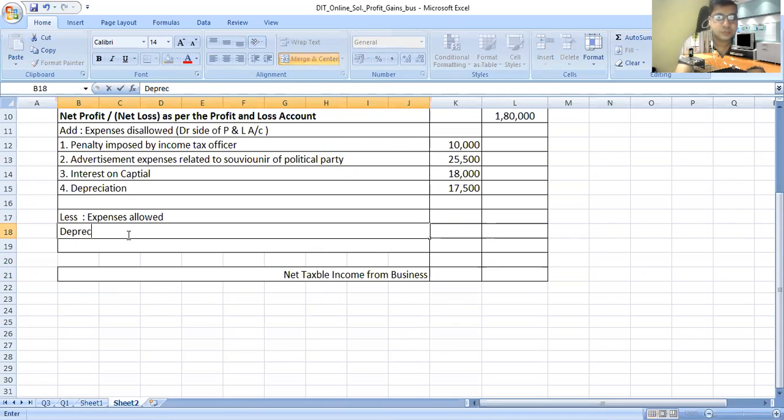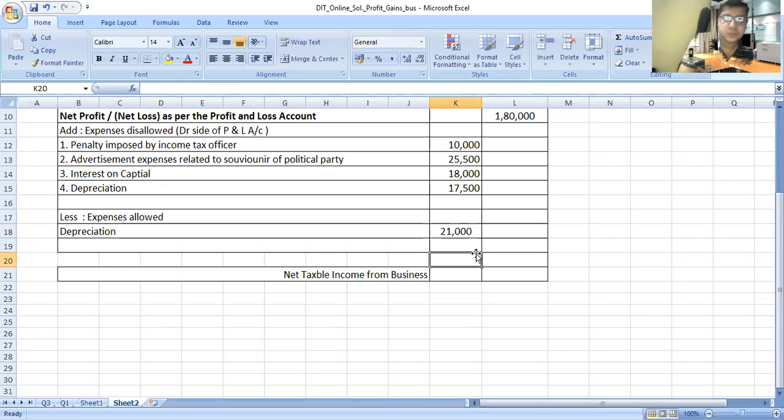Depreciation, it is 21,000. So we will write here 21,000. Actual depreciation was 21,000, so we have to put it as expenses allowed and deduct it from the net profit. And that depreciation which is not a business depreciation should be considered as expenses disallowed and it is added to the net profit.